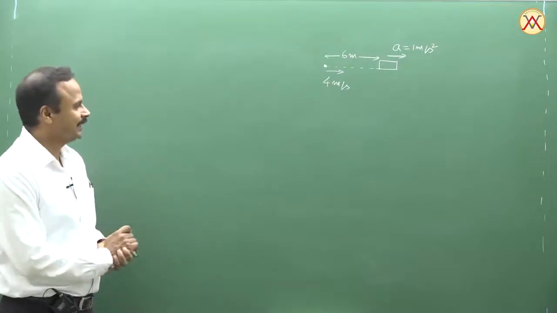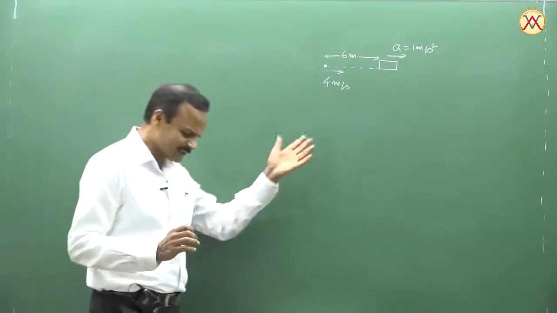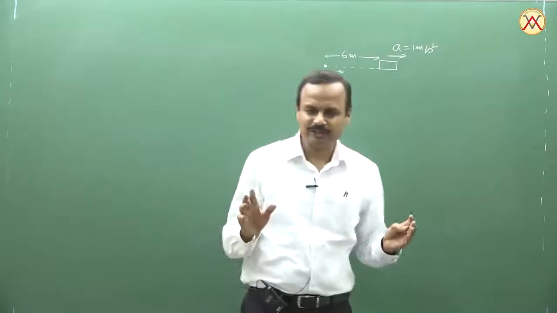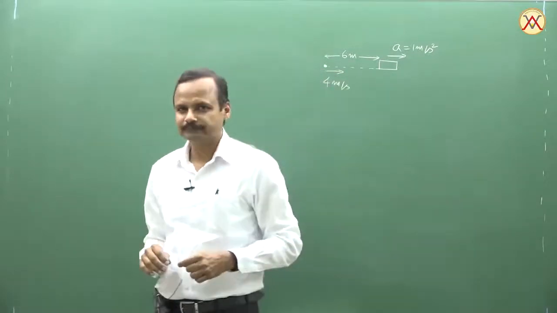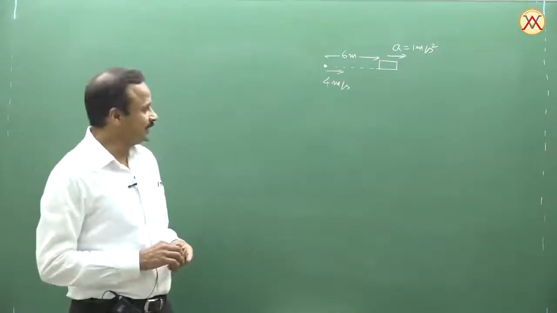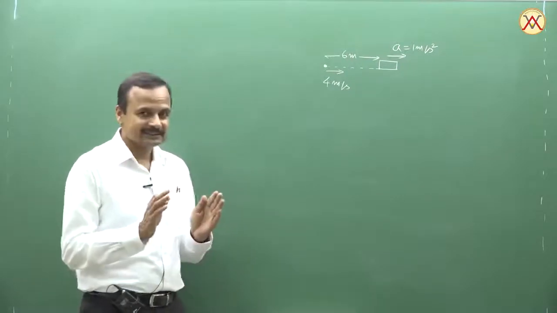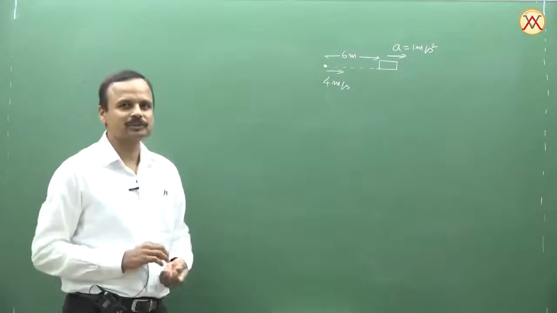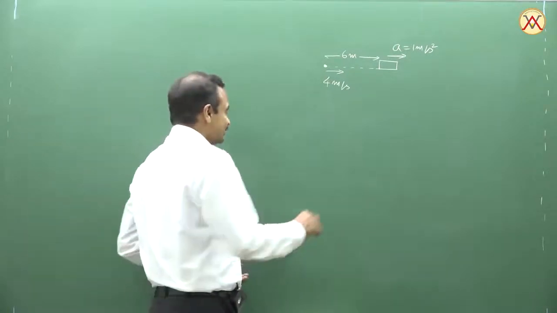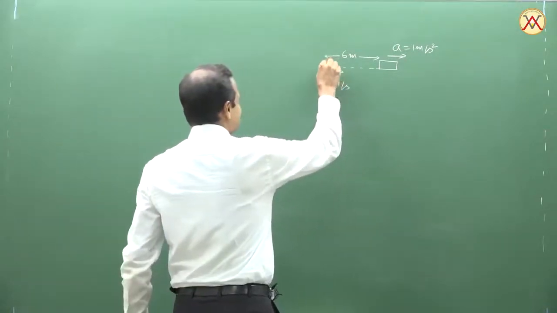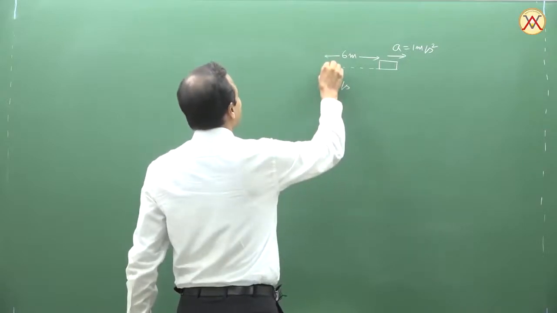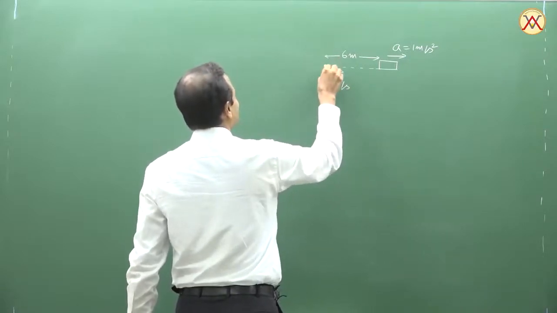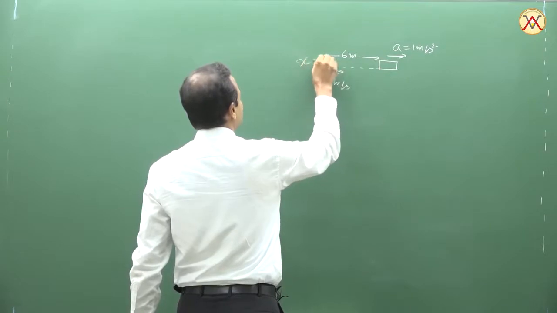Okay. Now let's look at this problem. This is a situation in which two objects are moving. So in such a case, we must decide an origin, our x equal to 0 point. So let's take the position of this man as our x equal to 0 point.